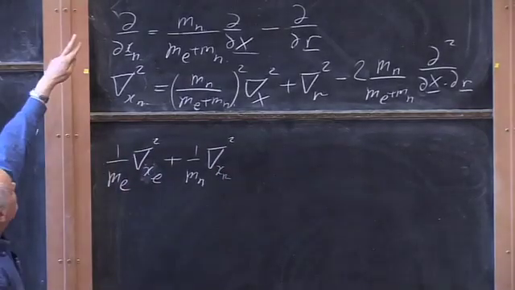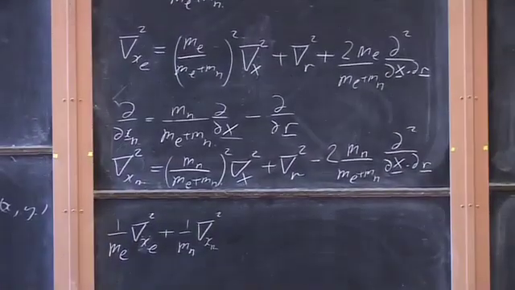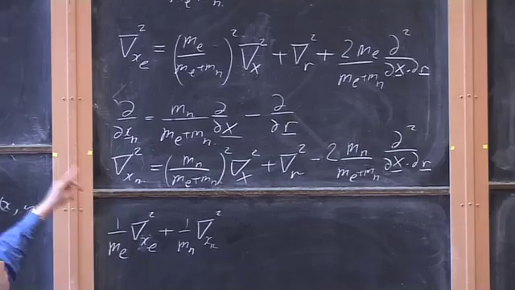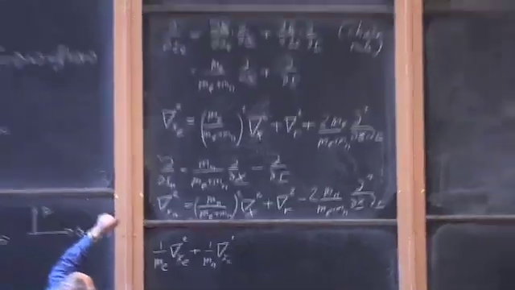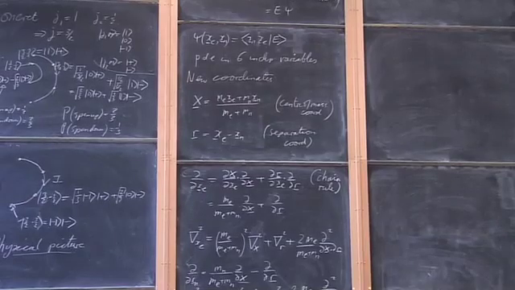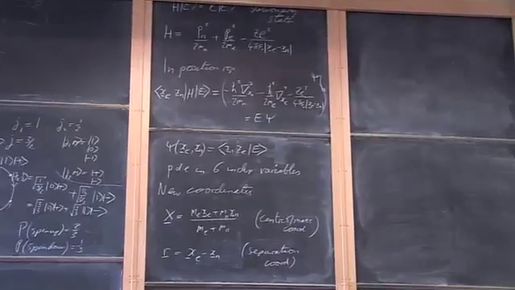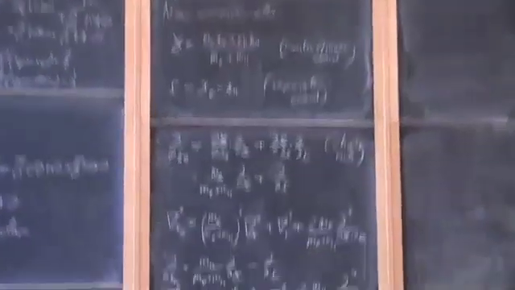So 1 over me times that top equation plus 1 over mn times this, which is actually exactly what occurs in our Hamiltonian. If you go right up there, mercifully what we want is, in fact, the individual del squareds weighted by 1 over the mass.